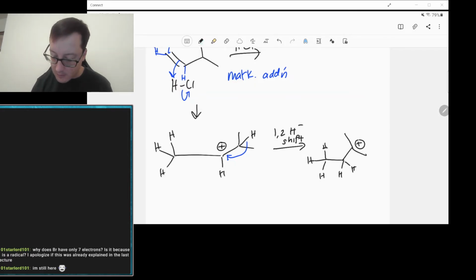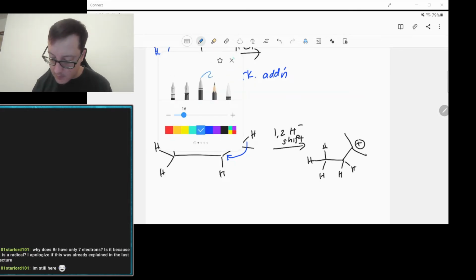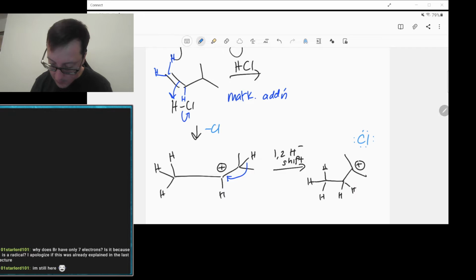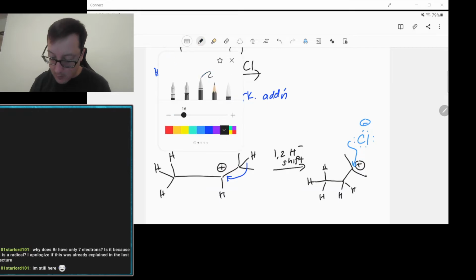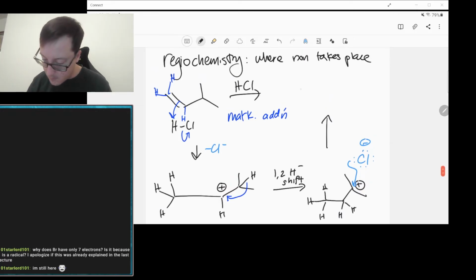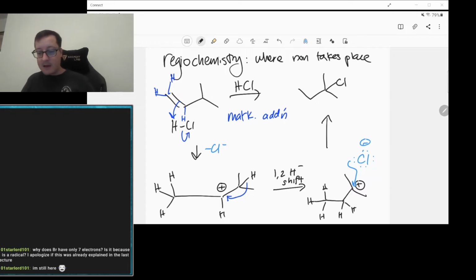And so now our bromide, I'm sorry, I used chlorine, didn't I? Don't forget we lost that technically here. Here it is. It's going to come in and just add on. And so this is still a Markovnikov addition, but we had a rearrangement happen. So this is our product.